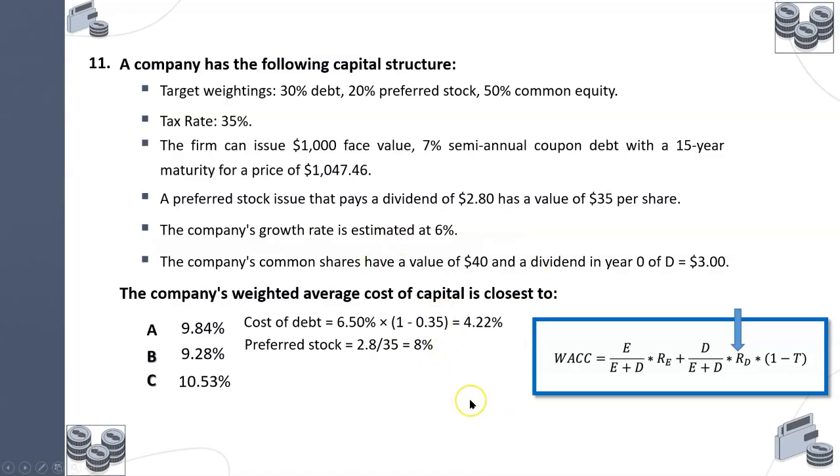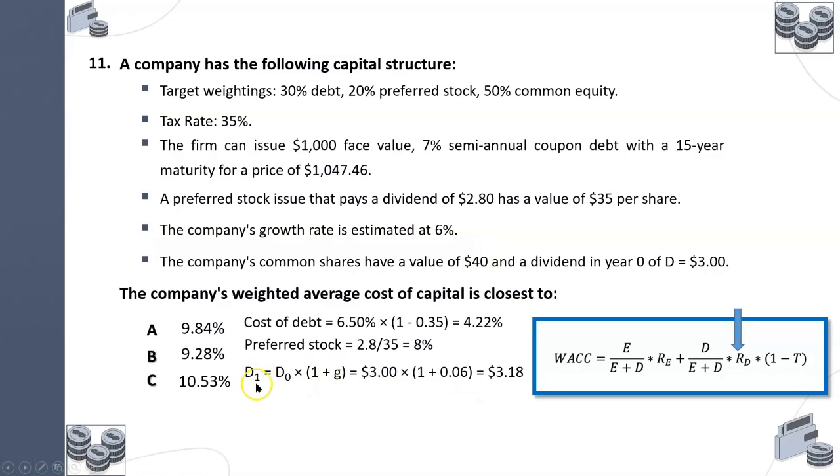Normally for equity cost we use the capital asset pricing model, but now the data given will help with the dividend growth model, to calculate the net present value of the price, which will give us the current price. Let us see how we do it.